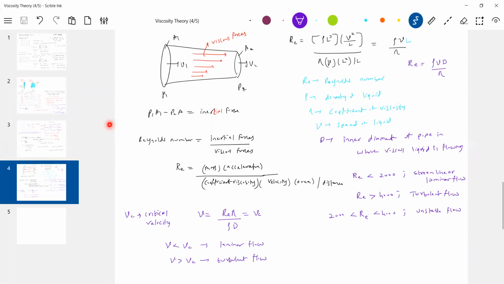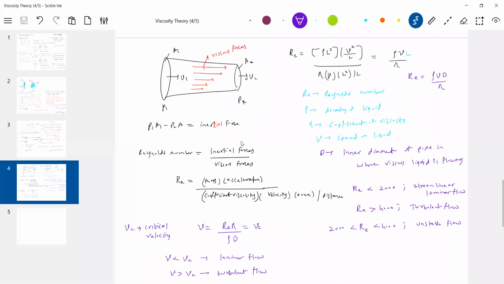So definitely you can see this here. For a higher Reynolds number, if the inertial force dominates over the viscous force, it becomes turbulent. Clear this? But sir, even at 1500 the inertial force is dominant.